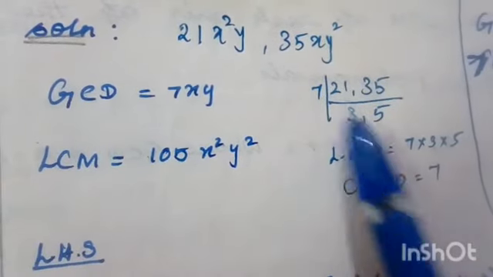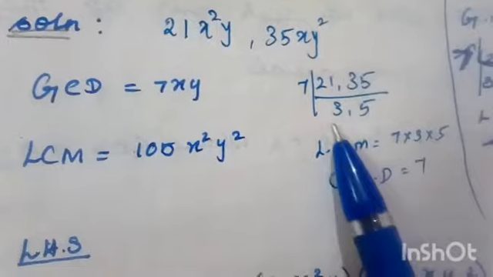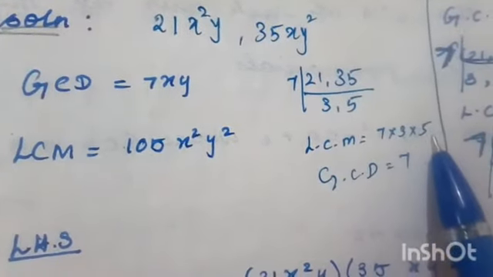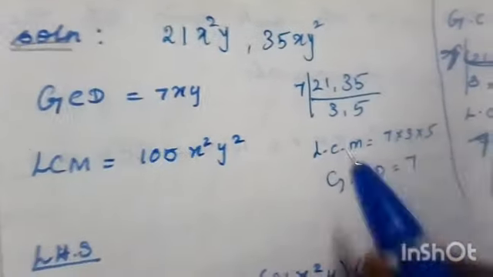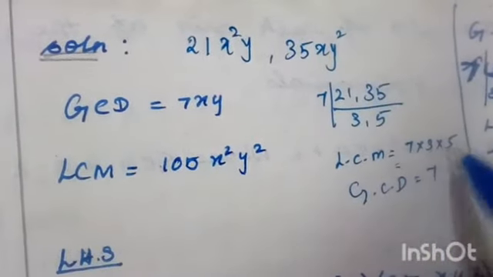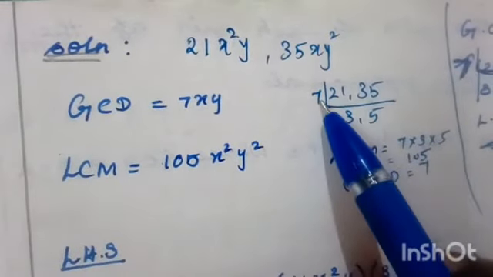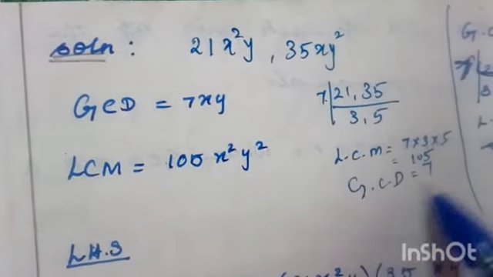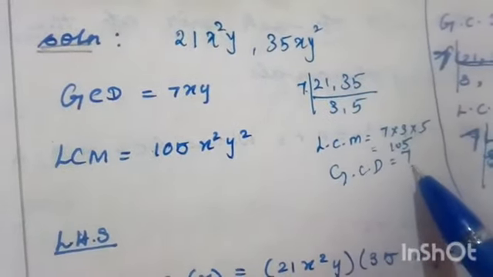Common factor is 7, independent factors are 3 and 5. So 7 into 3 into 5 is the LCM. 7 threes are 21, 21 into 5 is 105. GCD means the common divisor, so GCD is equal to 7. So LCM is 105, GCD is 7.